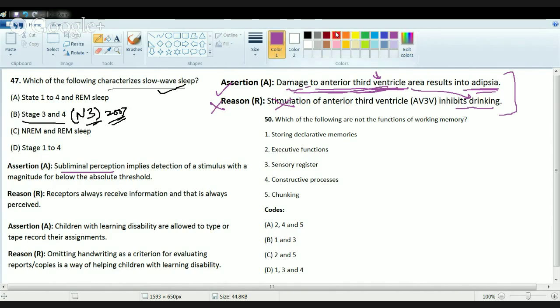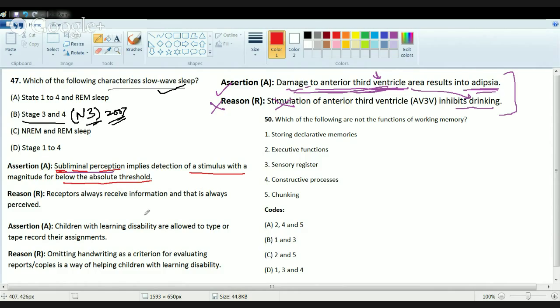Subliminal: sub means below the threshold, and super means above. So subliminal perception means you are detecting a stimulus which is below the absolute threshold. For example, you are having a severe toothache, and in routine there are a lot of hoardings and advertisements on the road, but you never try to see them or focus on them.